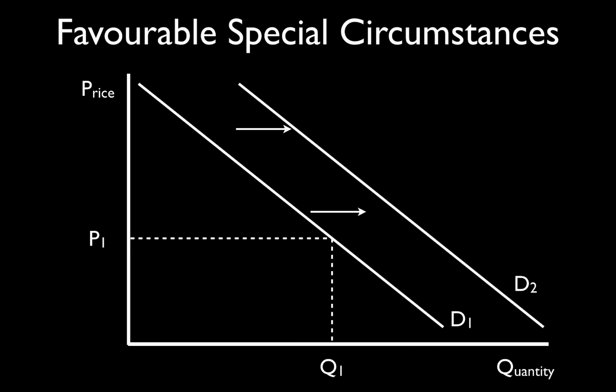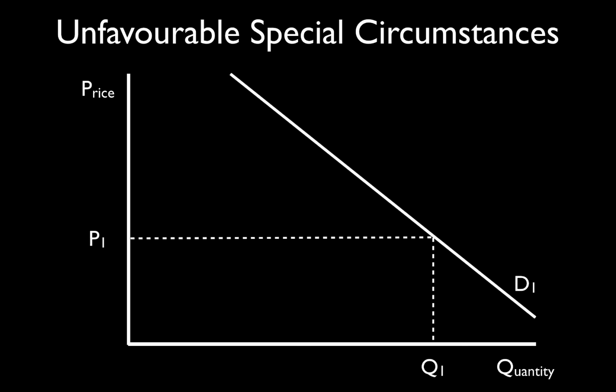For some unexpected reason, in this case, more people want to buy ice cream. Again, I'm only showing price P1. However, at every price, more ice cream is going to be purchased because there was, let's say, a favorable special circumstance. In this case, it was favorable for the ice cream company, but what we're saying is more people want to buy ice cream. The demand curve is shifted to the right simply because it's a very hot day.